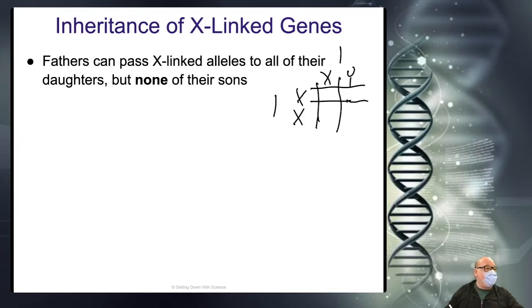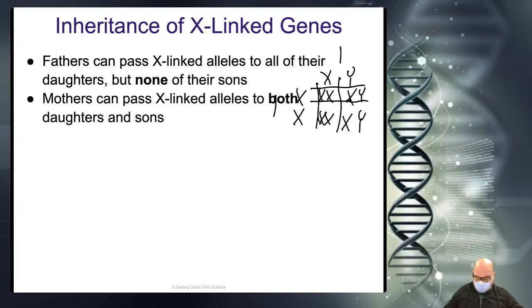So if you're dad here and you have X-linked traits, they go to the girls. If you have sons, the only place a son can get an X chromosome from is mom. Dad gave the Y, so the only place to get it from is mom. And that's what the next point is. Moms can give their X-linked genes to both types of children.